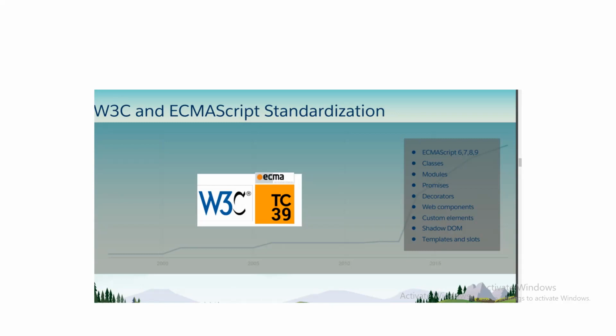However, if we define any variable or attribute with @track, then the property becomes private only, and it cannot be accessed from other Lightning Web Components. Therefore, if we want the property to be public, in that case we use @api. @api has functionality similar to @track.